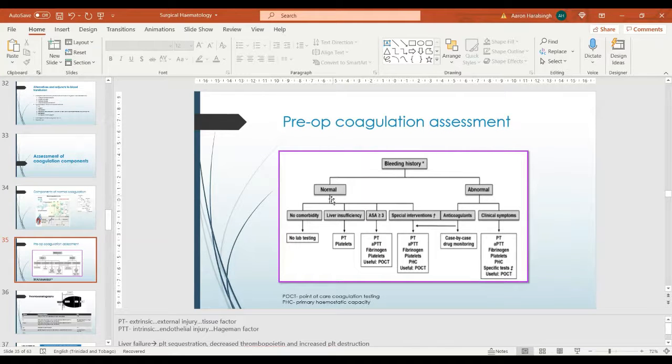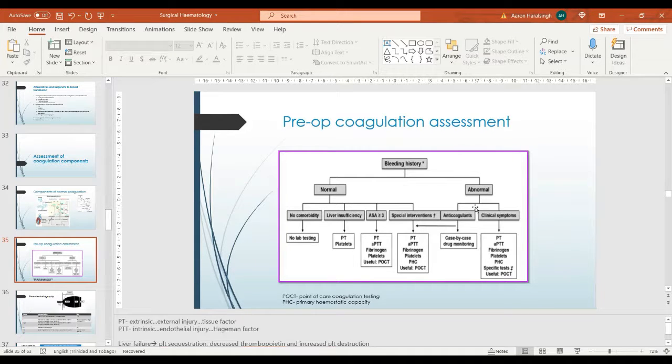If it is normal, and there are no comorbidities, then there's no need for laboratory testing. If there's a history of liver insufficiency, then yes, we can do their PT and their platelets. If they have an ASA of 3 or more, then you can do a full clotting profile, PT, PTT, INR, fibrinogen, platelets as well. And you can also consider special interventions if necessary.